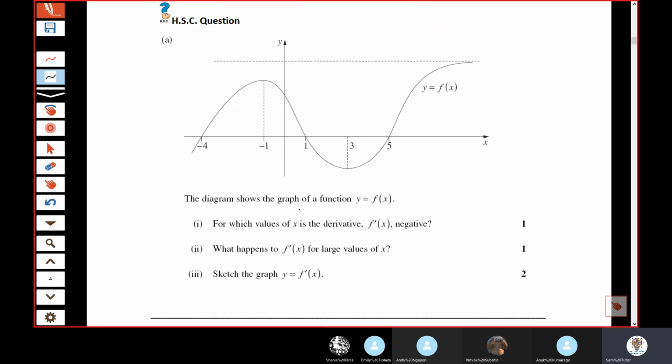So what does that mean again? Let's just use the words we're used to by now. Y dash negative means y dash less than 0. Just tell me what the word is that I'm looking for. Decreasing.